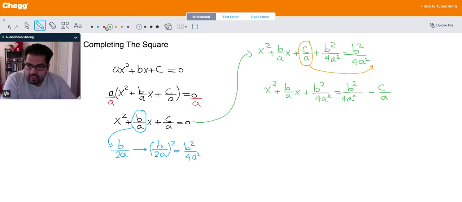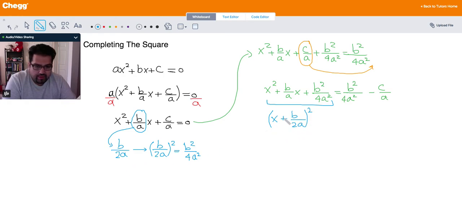Now, if you look at the expression on the left, we can rewrite this as x plus b over 2a, squared. Because if I square the first term, I would get x squared. If I square the second term, I would get b squared over 4a squared.